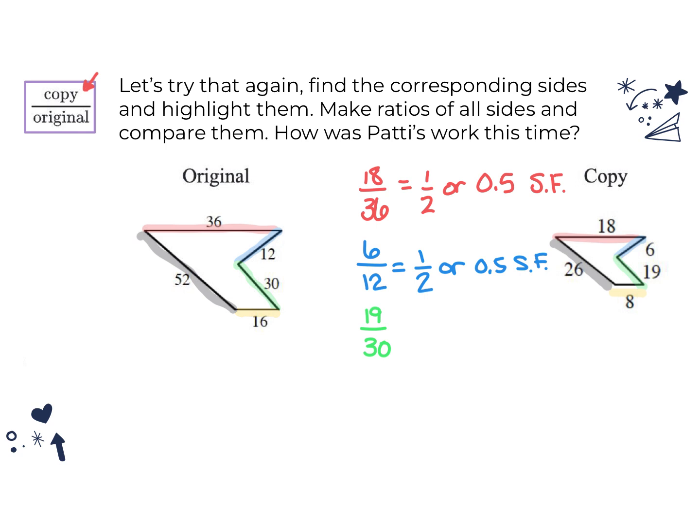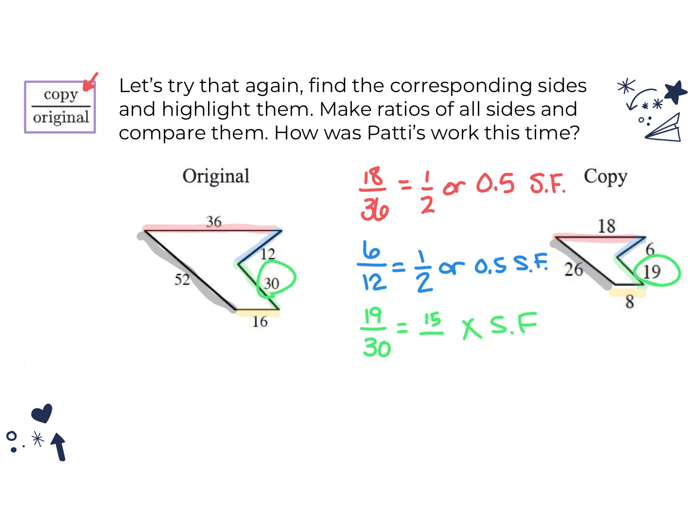So if we take that 30 and divide that by 2, we're going to get 15 on the top, not 19. So we know that we do not have a corresponding side, because when we take our 30 side and divide it by 2, we should have gotten 15. We got 19. So it is not a scale factor that is corresponding.